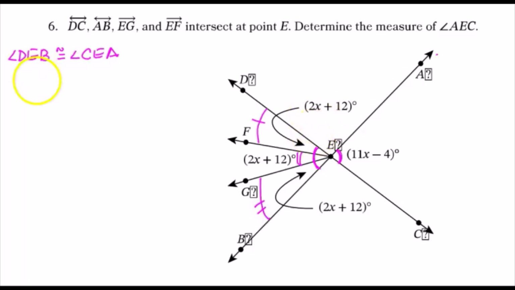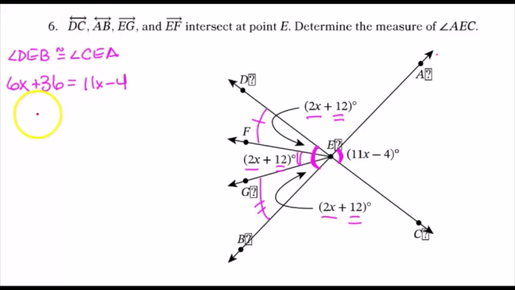So I have 2x plus 2x plus 2x, that's 6x, and then 12, 12, 12, plus 36 make up angle DEB. And then on the other side, I have 11x minus 4.